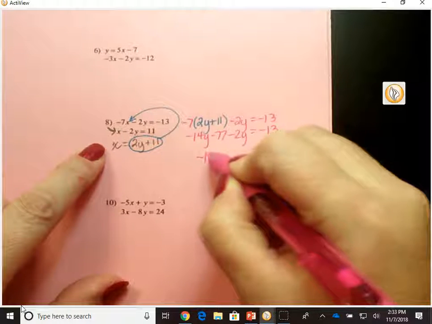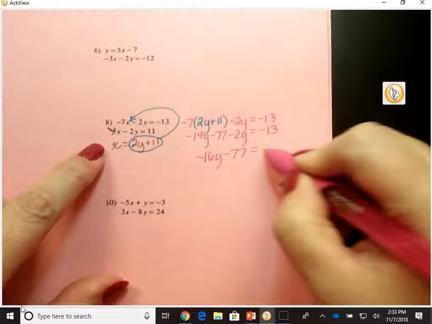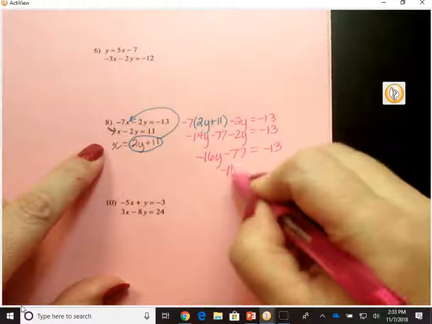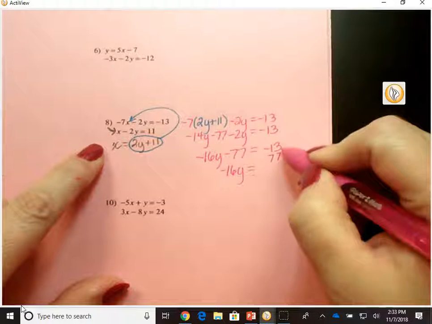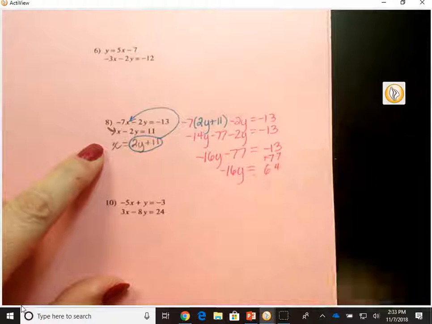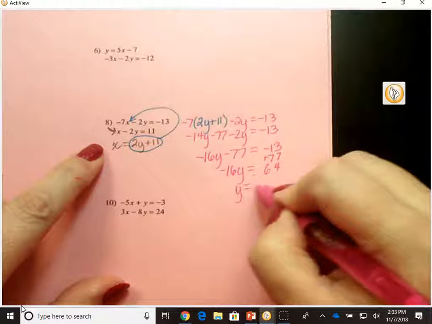So negative 16y minus 77 equals negative 13. Add 77 to both sides, so negative 16y equals 64. And then we divide that by negative 16, so y is negative 4.